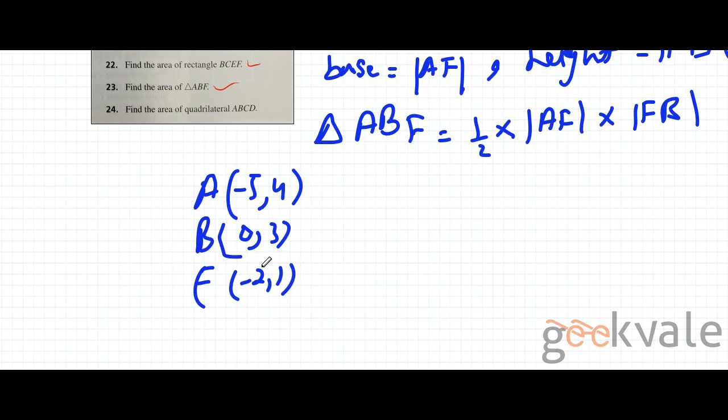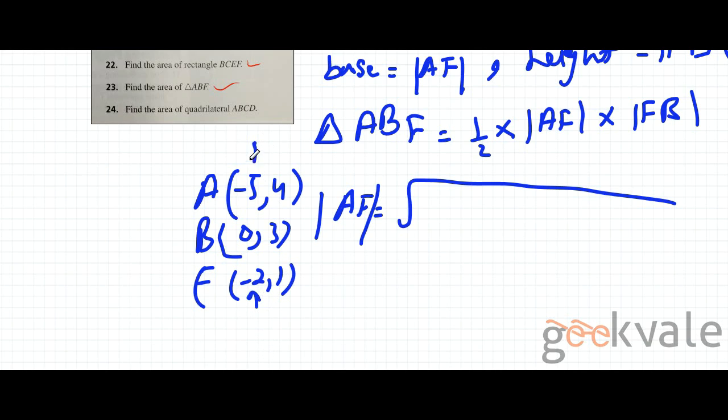I have these three points now, so I can calculate the distance AF using the distance formula: the square root of x2 minus x1 whole square plus y2 minus y1 whole square. For AF, this one will be serving as x2, and that will be serving as x1. So I'll get minus 2 minus minus 5 whole square plus y2 minus y1 whole square. y2 will be 1 and y1 will be 4, so 1 minus 4 whole square.